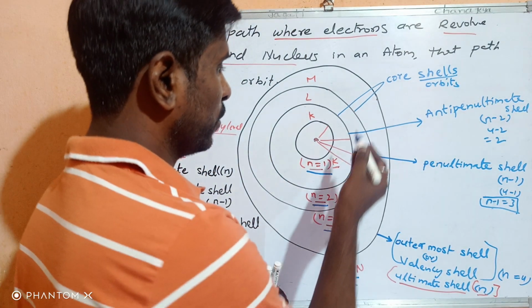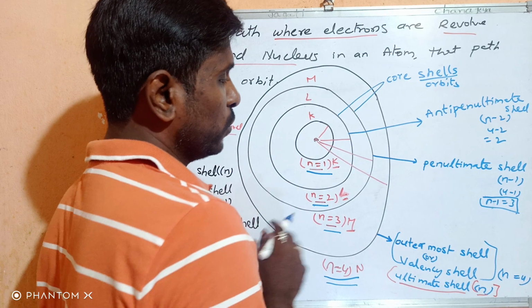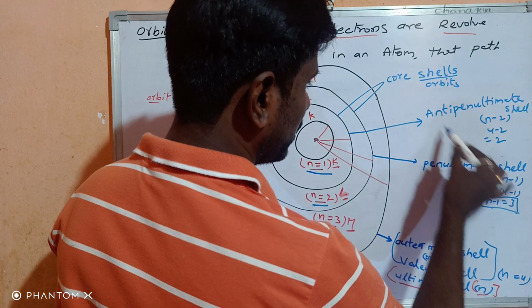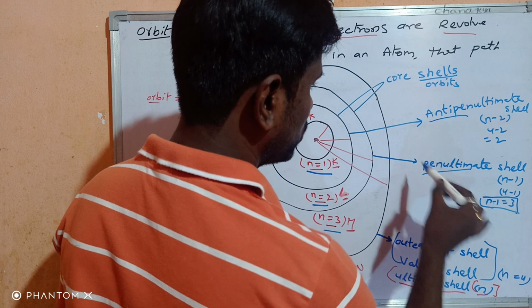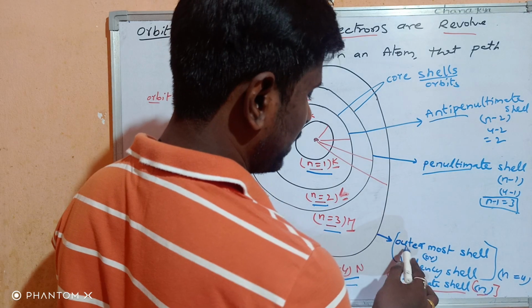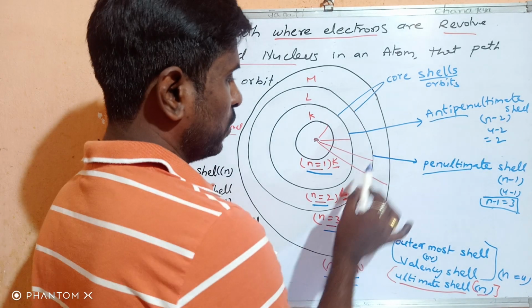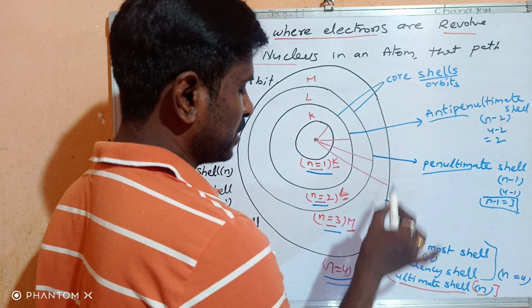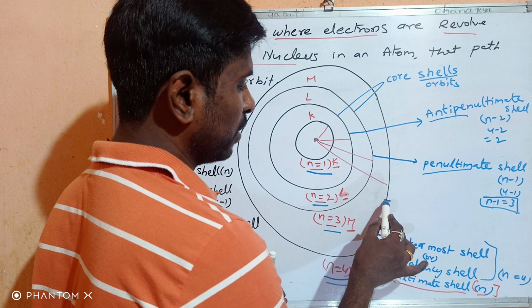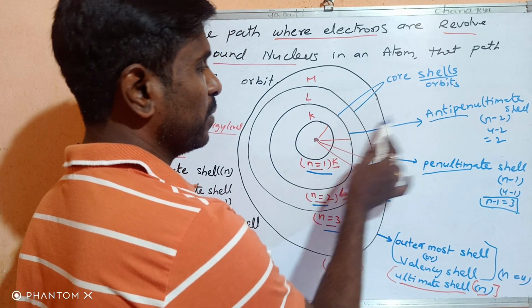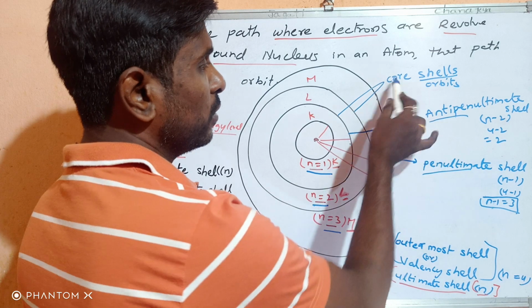It means those are near to the nucleus. The outer shell is also called the valence shell or ultimate shell, and these two, penultimate and anti-penultimate, are called core shells.